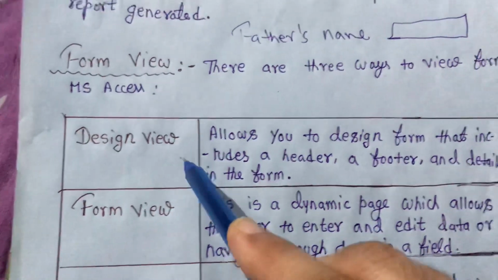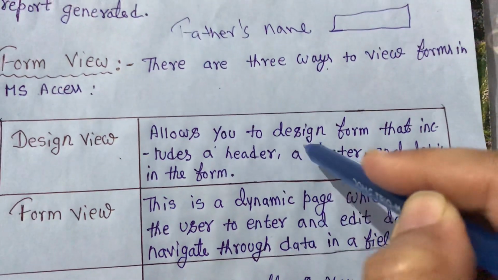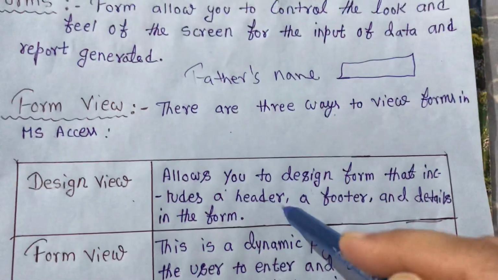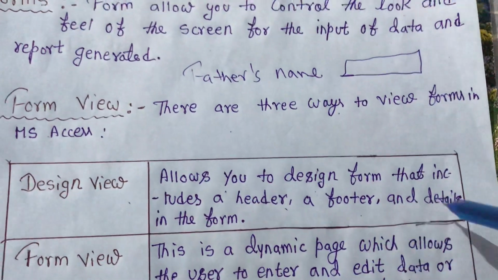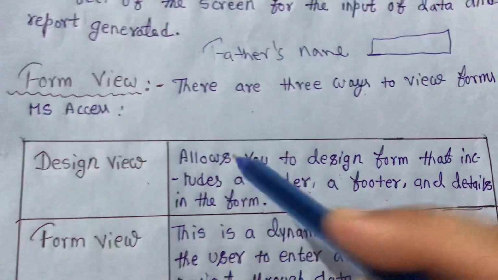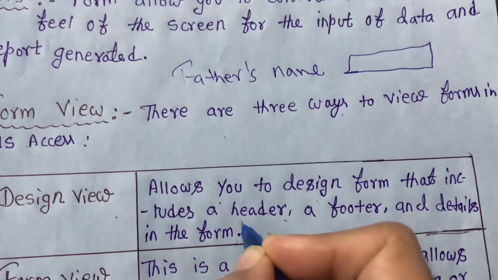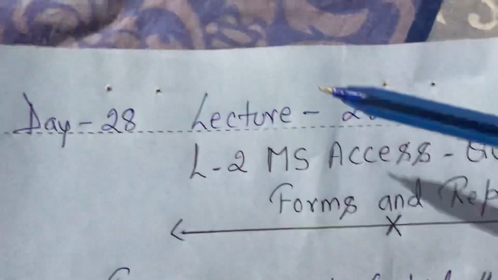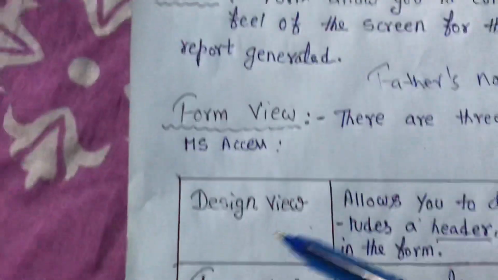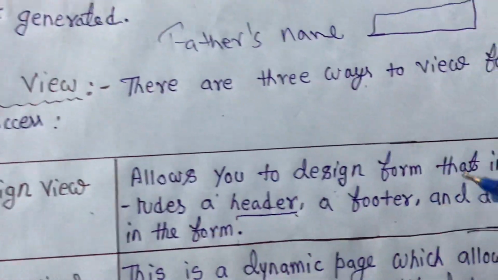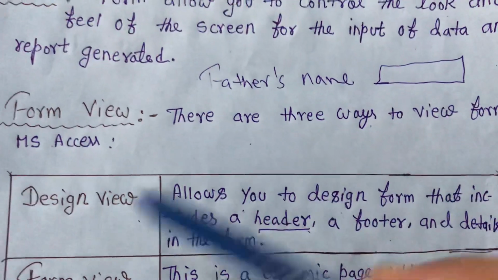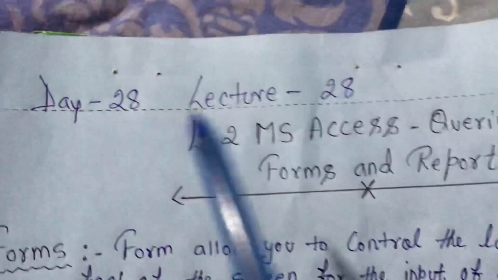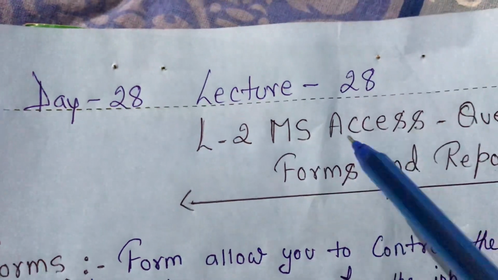What is design view? It allows you to design a form that includes a header, a footer, and details in the form. And what is the meaning of header? Header means the top of the page. In design view you are able to include the header. That means you can make entries at the top of the page.